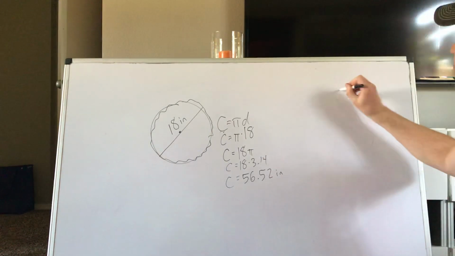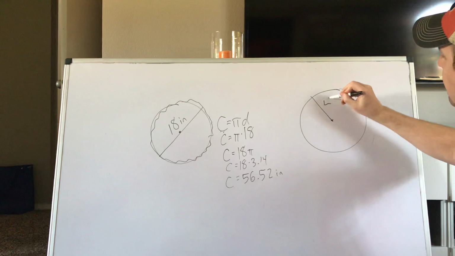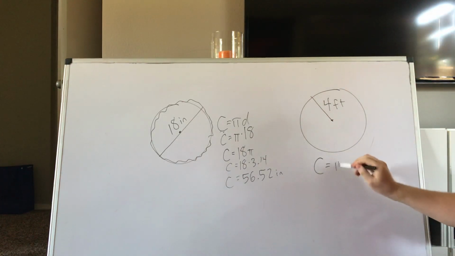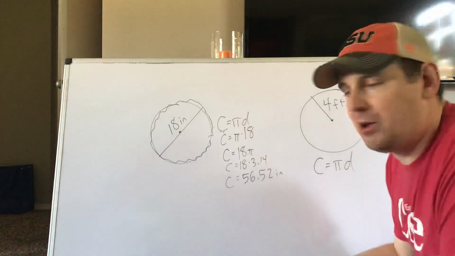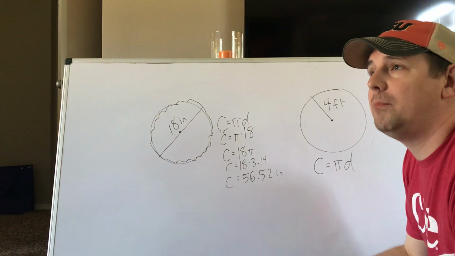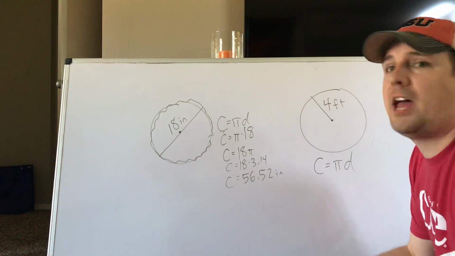Mackie, what if you have a circle like this? We're going to use our formula, circumference equals pi times diameter. Let's see, who should I call on this time? Edmund.